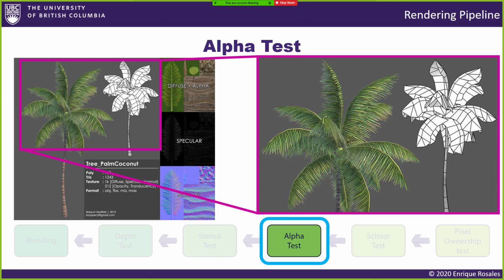What is the difference between AlphaTest and alpha blending? Well, AlphaTest is the stage in which you grab information from the alpha channel of your fragments and you decide if eventually you need to blend colors. So the name of the stage is AlphaTest, but in it you can either blend or discard, right?